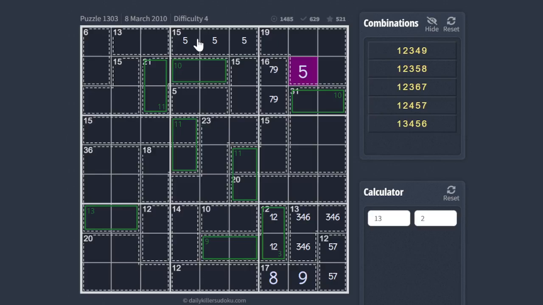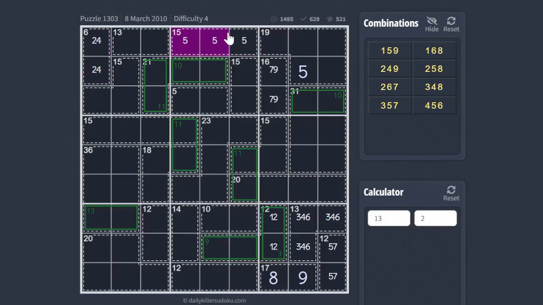And if these are 5s, then over here in box number 1, this 6 cage, the 1-5 combination can be eliminated, and this is a 2-4. Staying here in box 1, this 13 cage, between the 4 in the 6 cage and the 5 in the 15 cage in the row, we can eliminate all but one combo, the 6-7 combo.